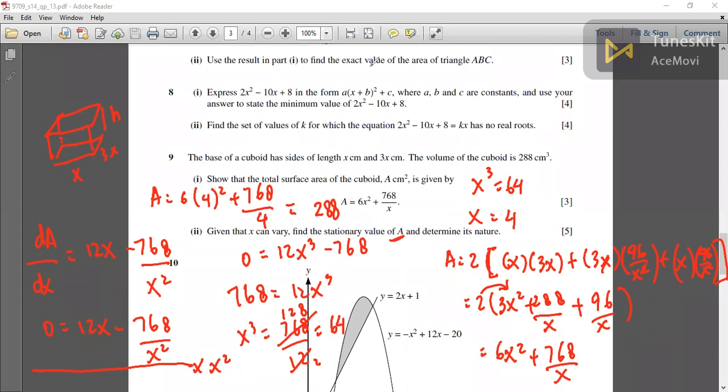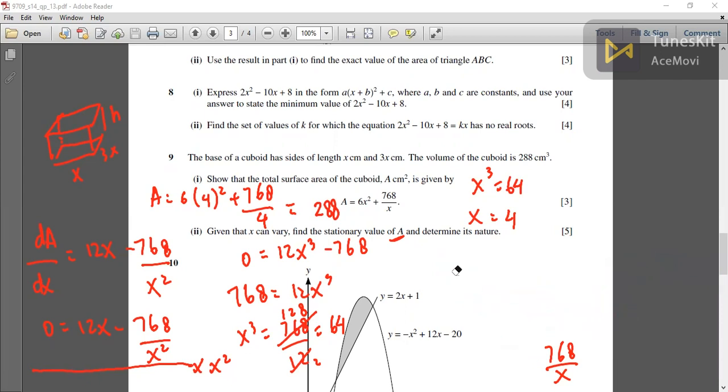And then it asks us to find the nature. Whenever we talk about the nature, we have to differentiate a second time. So d squared A over dx squared equals 12 plus 1536 over x cubed.